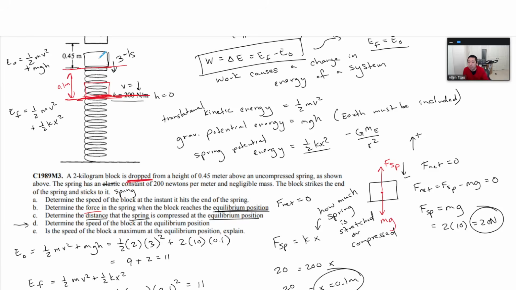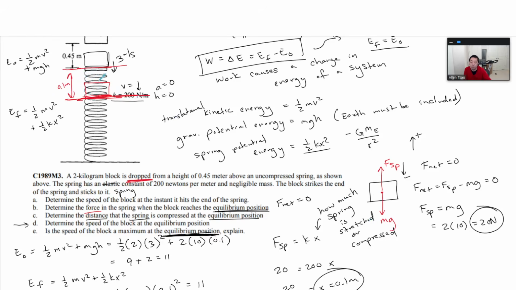Determine, is the speed of the block maximum at the equilibrium position? This one is a little tricky to answer. We actually answer this one from forces. So it is maximum at the equilibrium position, because if you think about the equilibrium position, the acceleration is 0. Why? Because the net force is 0.